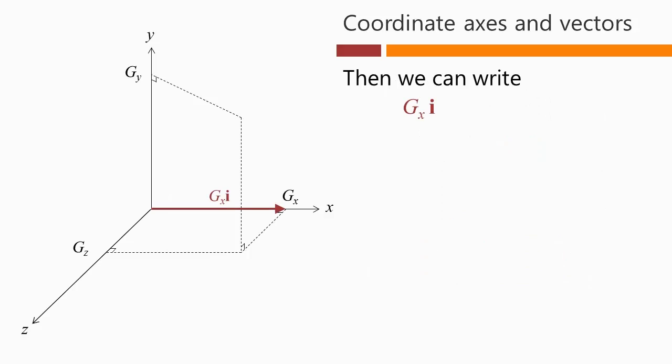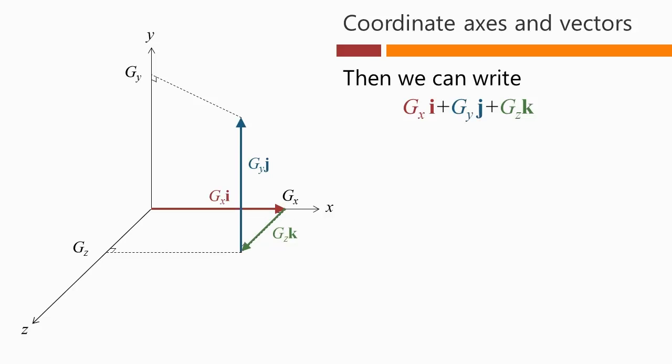Then we can write the component of this vector as a vector itself. So the projection of my vector g, which is going to be this line in here, onto the x-axis we can think of as a vector. It has a length gx and it has a direction given by the unit vector i along the x direction. Similarly, the projection of our vector g here onto the z direction is something of length gz and direction given by k, and that could be this green vector here.